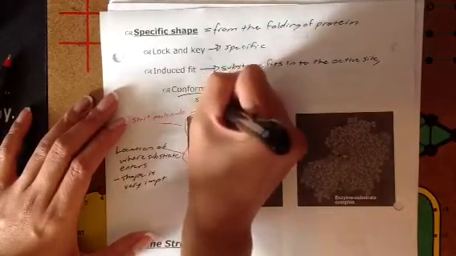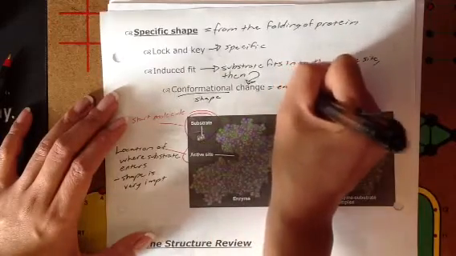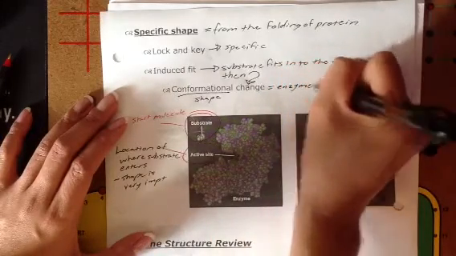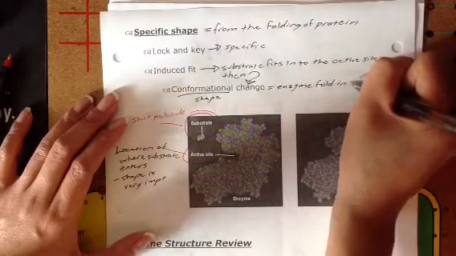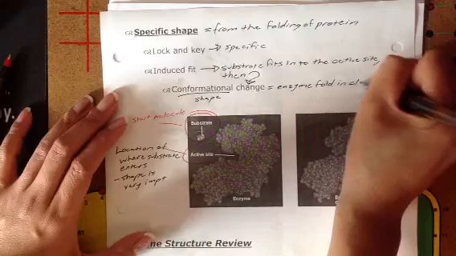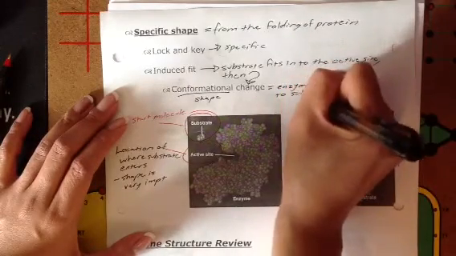Conformational just means a shape change. And what this really means is that our enzyme is going to fold in or hug or scoop closer to, fold in closer to the substrate.